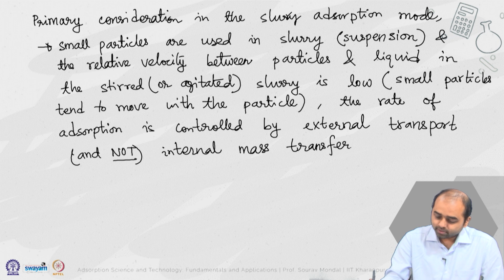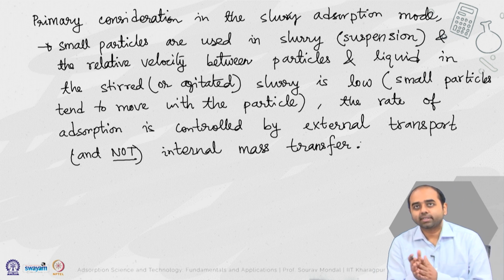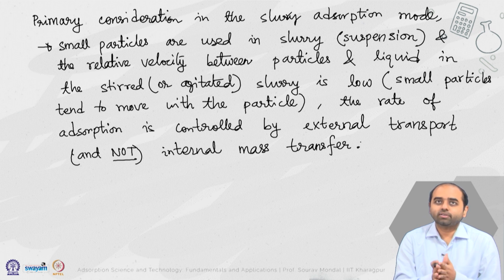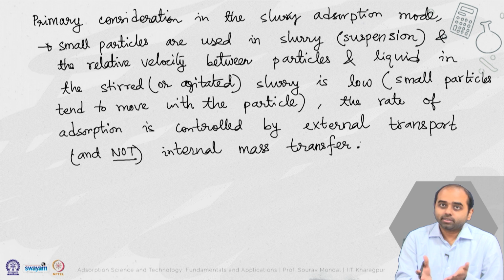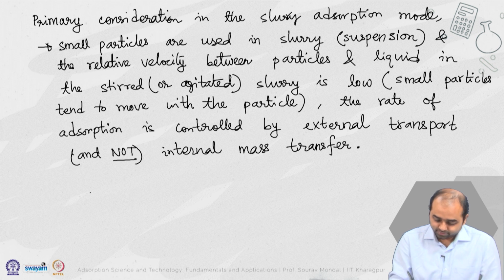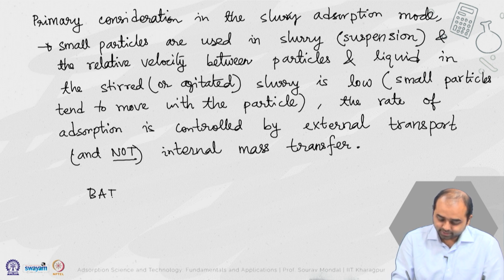So, this is the primary context of slurry adsorption, where due to the high rates of mass transfer, the external film transport is actually controlling the overall rate of mass transfer. So, let us see two cases of this operation which is normally practiced in the industry.